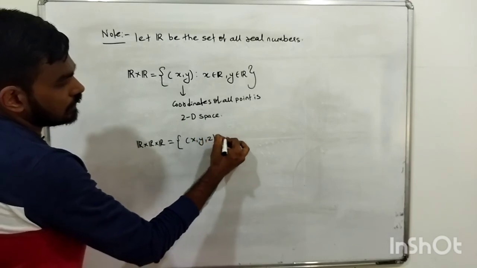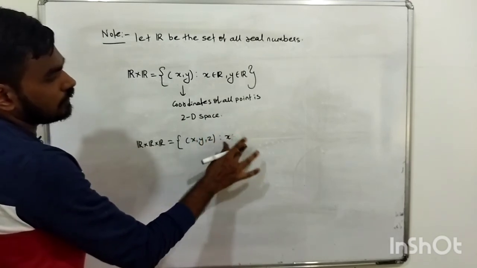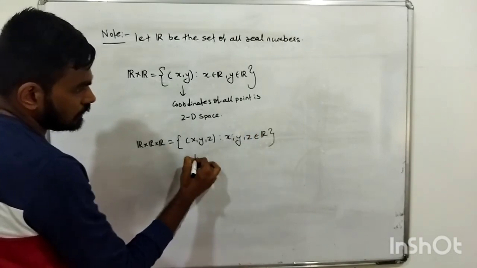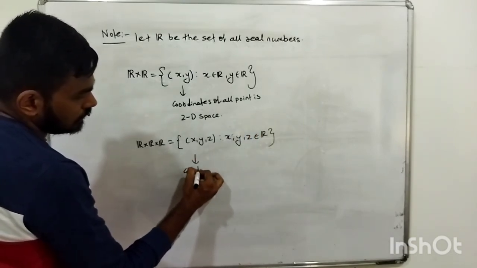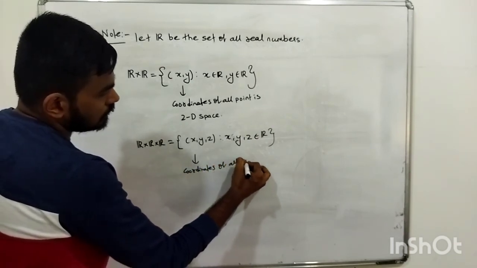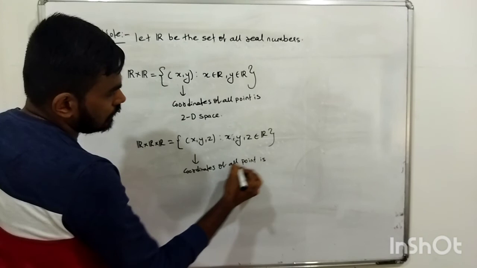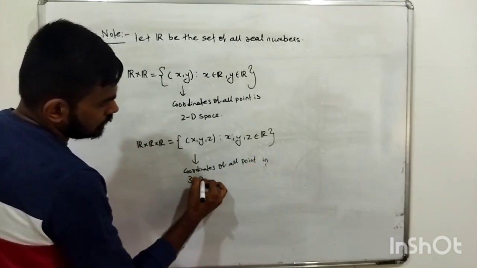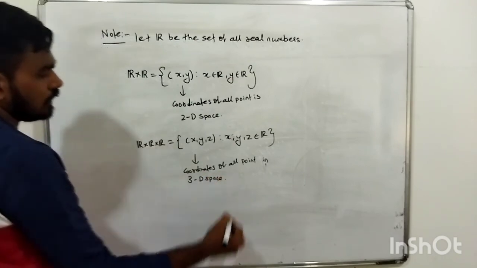Similarly, if we say R cross R cross R, this means (x, y, z), where x, y, z all three belong to R only. This denotes coordinates of all points in three-dimensional space. So this you are going to learn further.